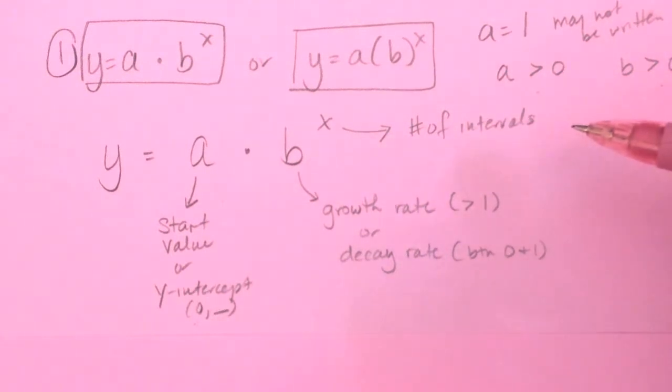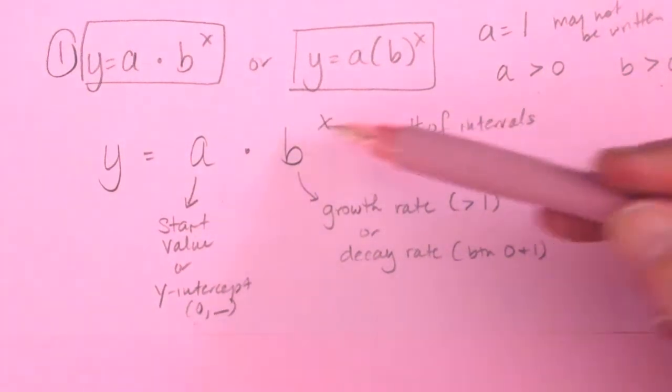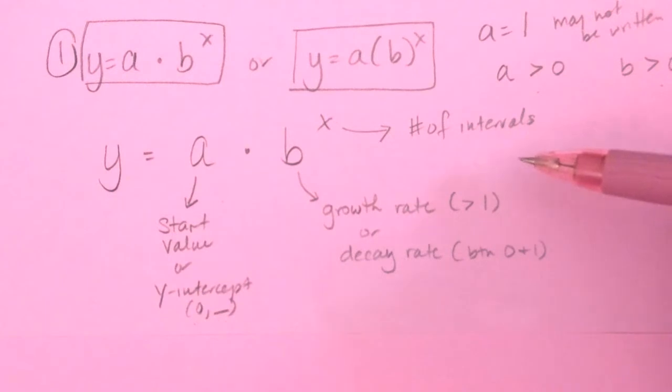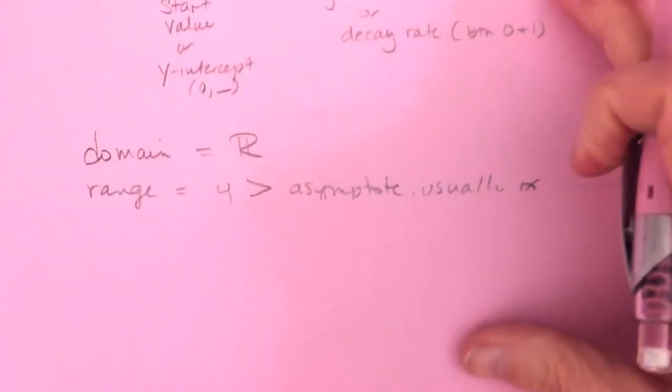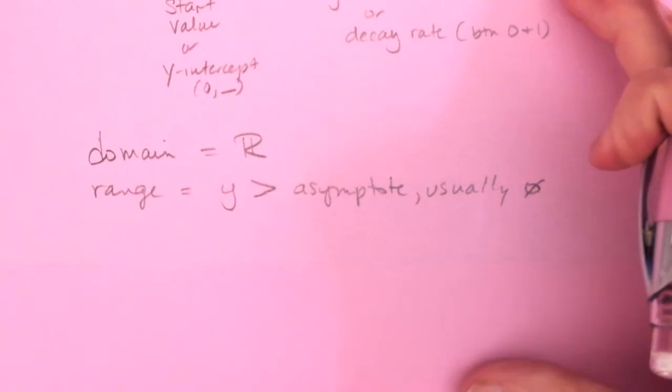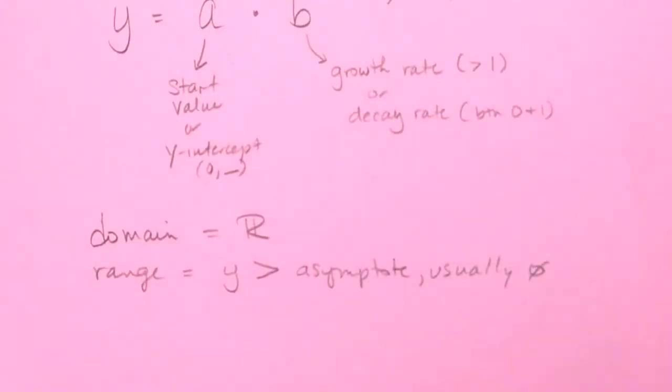If they ask how many bacteria you'd have after a day, then I have to look at that in terms of hours, which would be 24. So this tells me how many times I grow or decay, and that depends on what the problem tells me. And remember, for all of these problems, our domain is all real numbers.